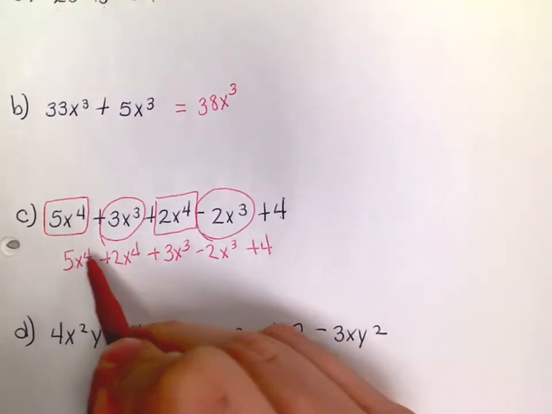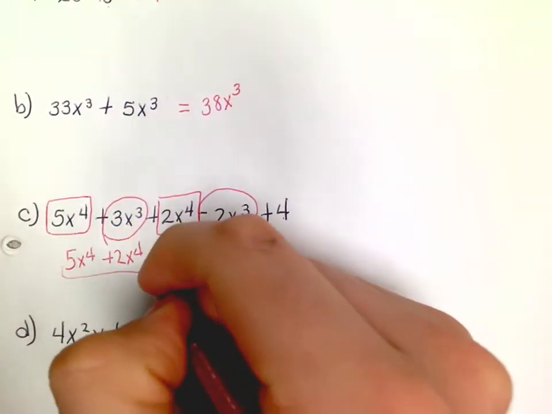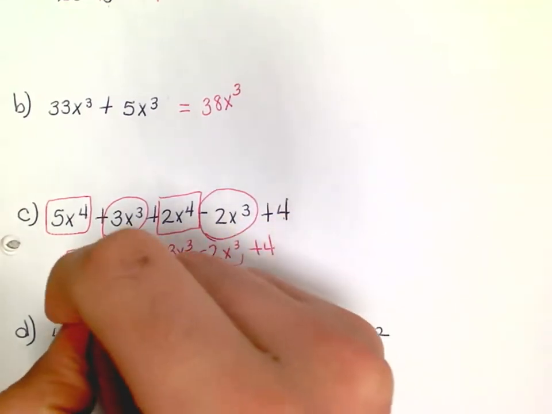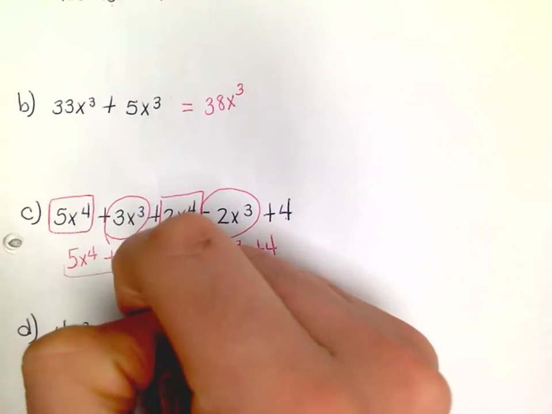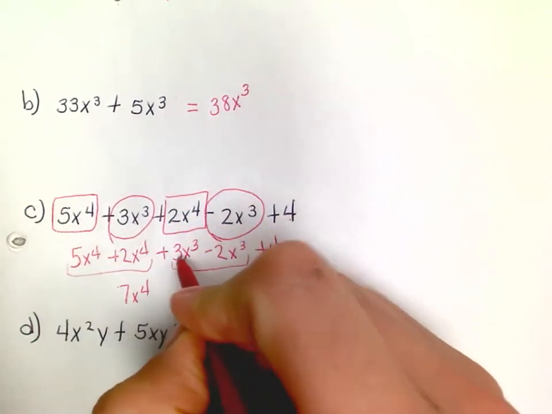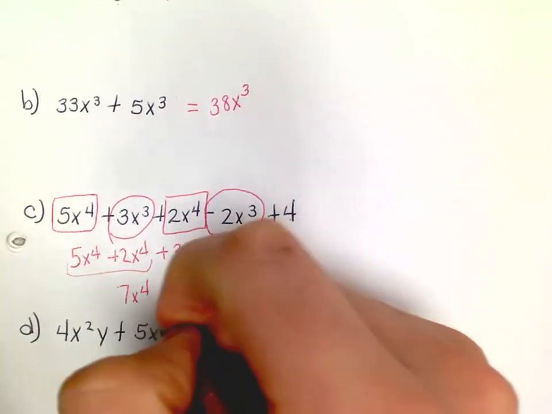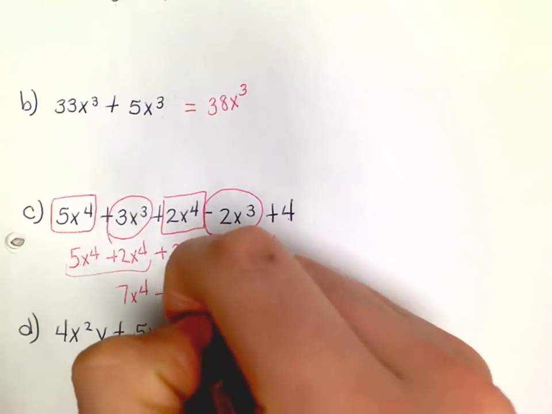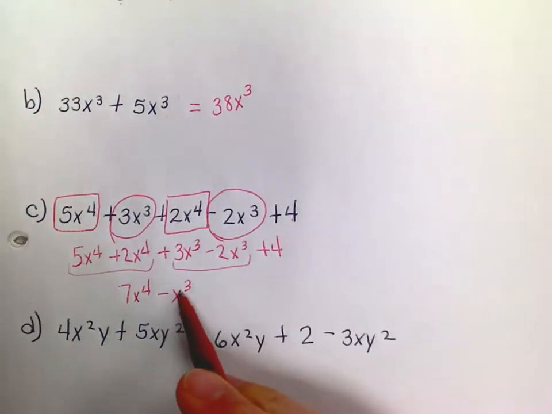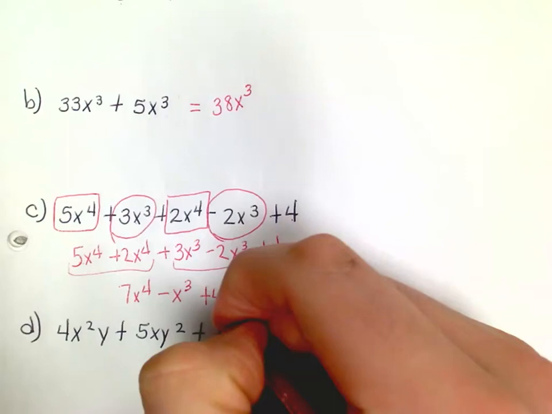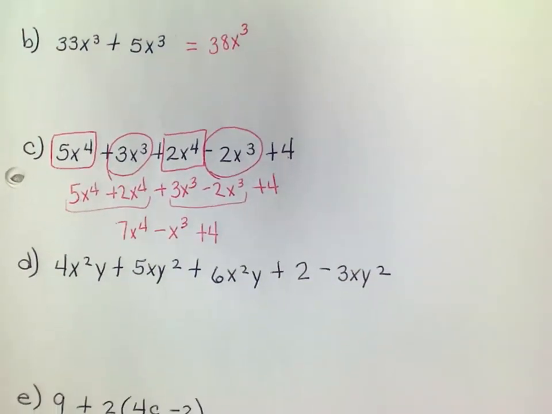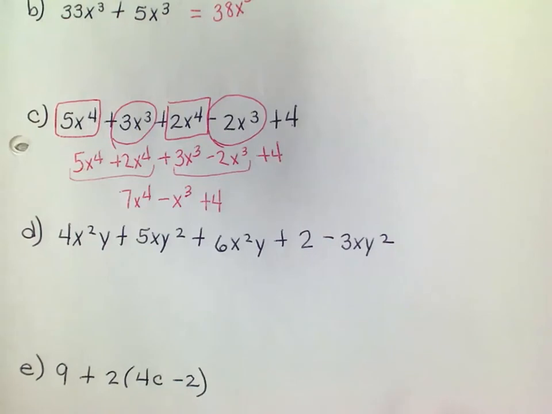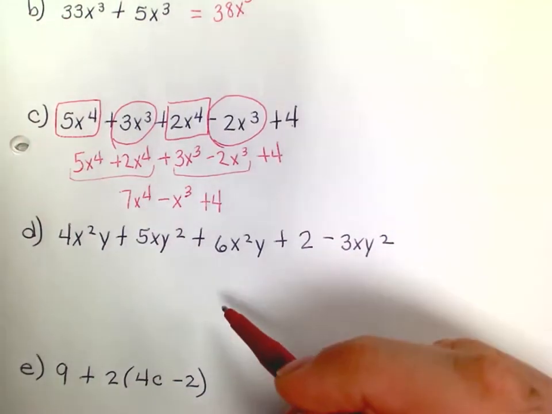So we combine these two terms because they are alike. 5 plus 2 is 7x to the 4th, right? And 3x to the 3rd minus 2x to the 3rd is a minus x to the 3rd plus 4, and that's simplified.